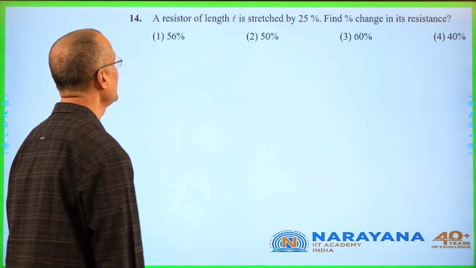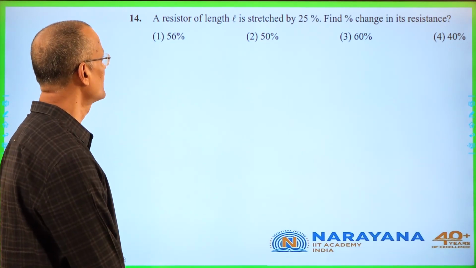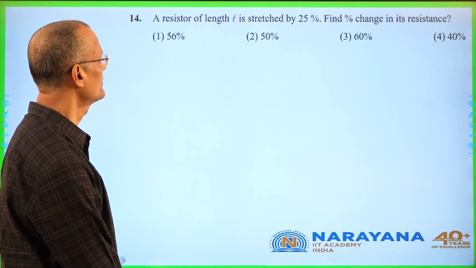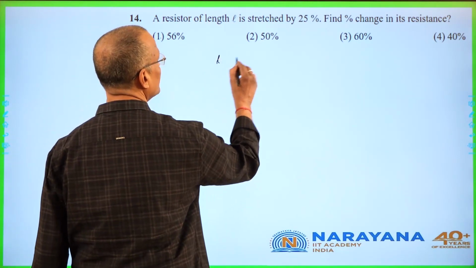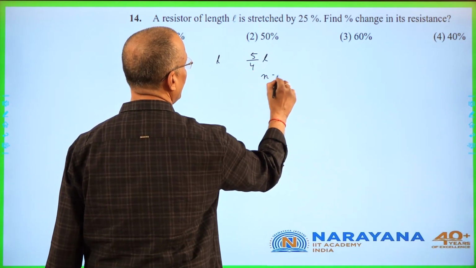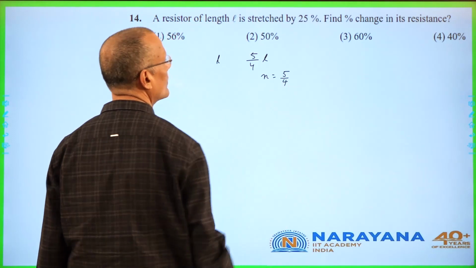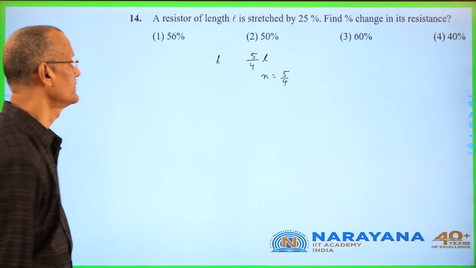Question number 14. A resistor of length L is stretched by 25%. How many times have you increased it? Before that it was L, now it will become 5 by 4 L. So n is 5 by 4. You know that resistance will increase n squared times.